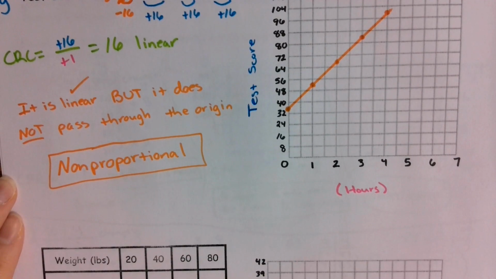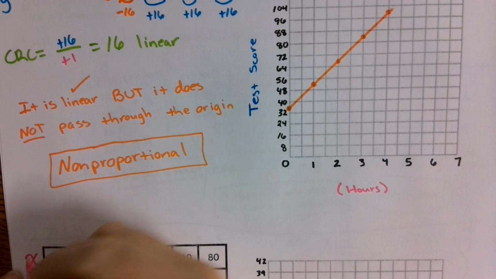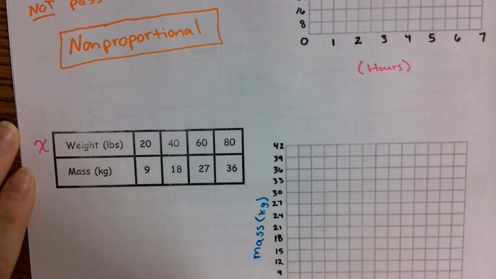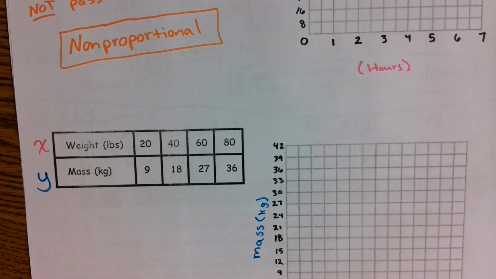What about for the second problem? When we're looking at the second problem and we're comparing weight in pounds, which is our x, I identified that as my x for you guys, and we're comparing mass as the y, is that going to be a linear relationship, a straight path? Is that going to have a constant rate of change?